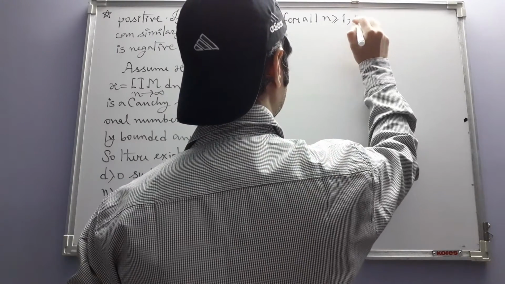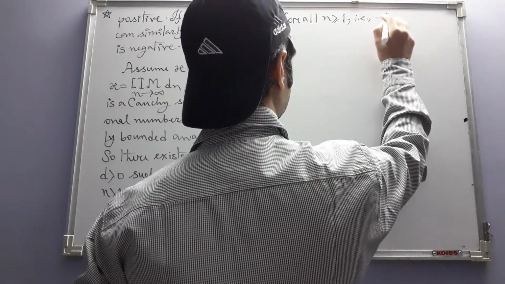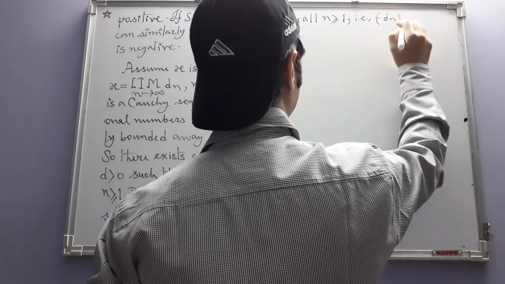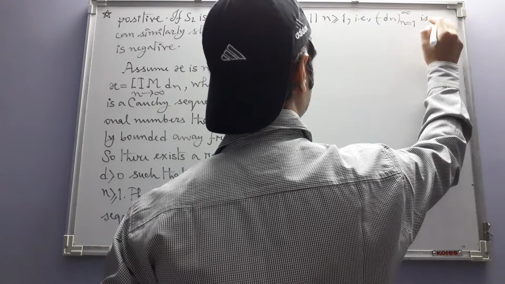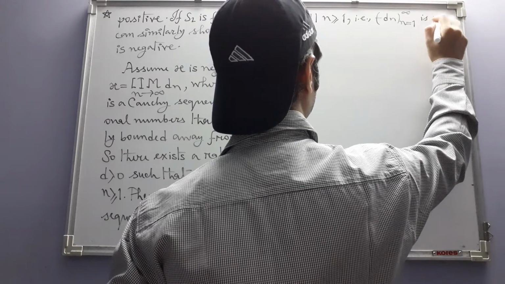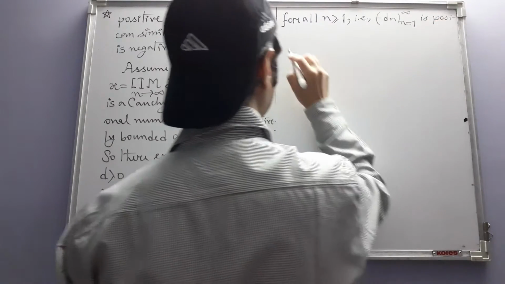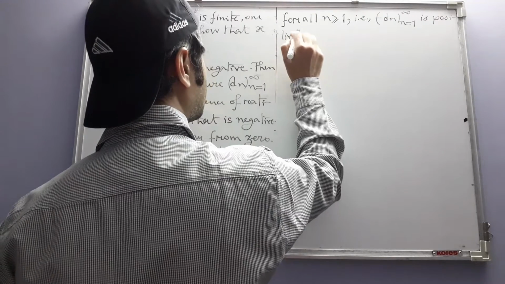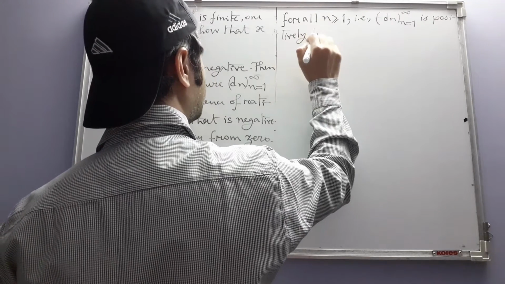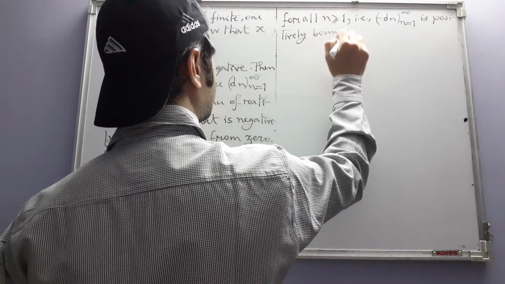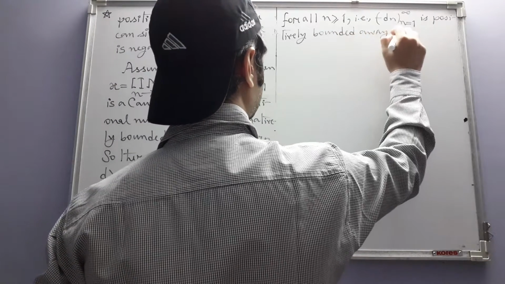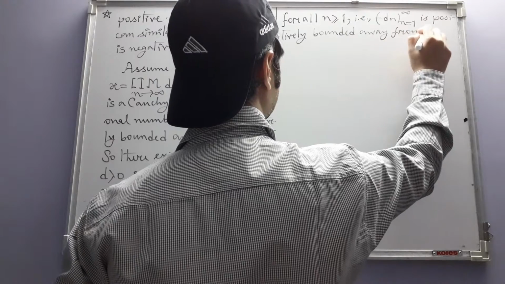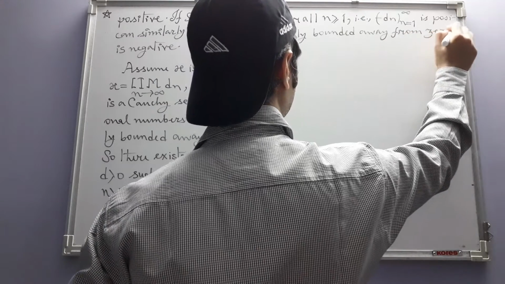That is, minus d_n is positively bounded away from 0.